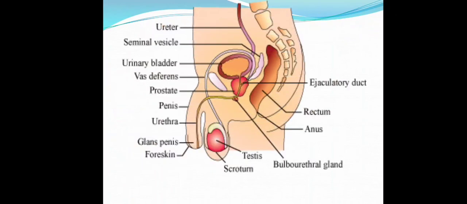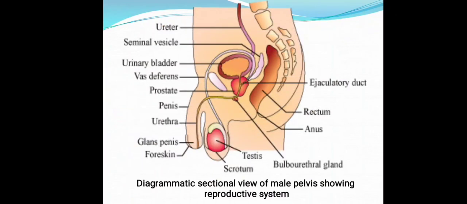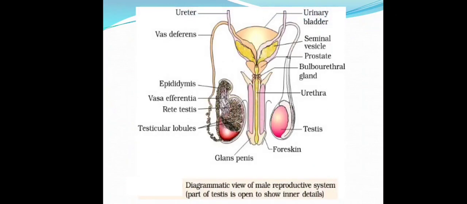Let us study one by one now. What you can see here is the diagrammatic sectional view of the male pelvis showing the reproductive system. Here is the diagrammatic view of the male reproductive system where the part of the testis is open to show the inner details.